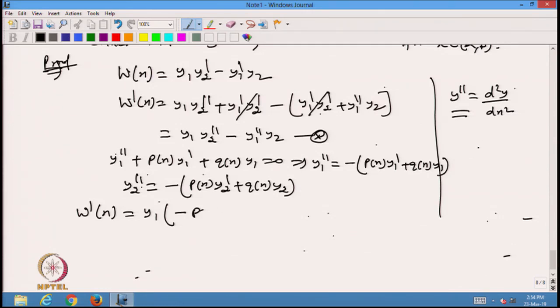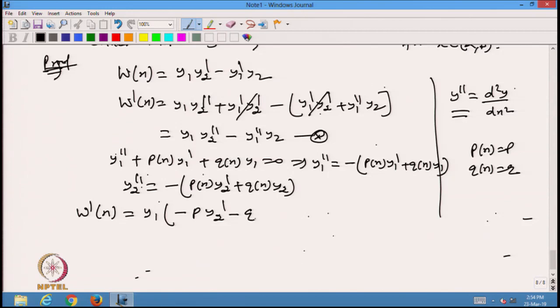Sometimes to make things easier, we can write p(x) as p and q(x) as q. So I am writing this one as minus p y2' plus q, sorry, this is a minus, so it will be minus sign also.